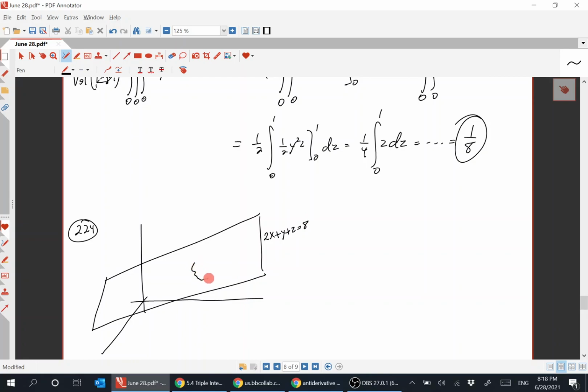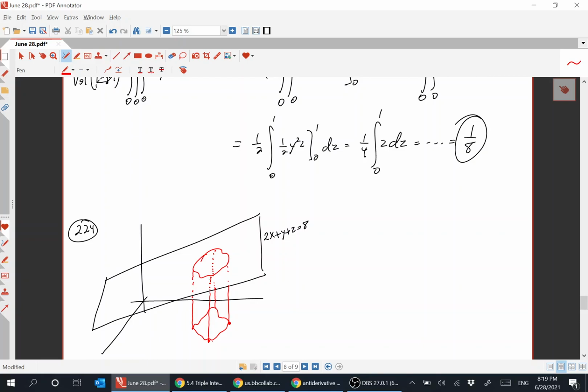And then you're talking about the volume under the plane and above some region in the xy plane. Without getting too crazy about the explanation, it just looks like that.